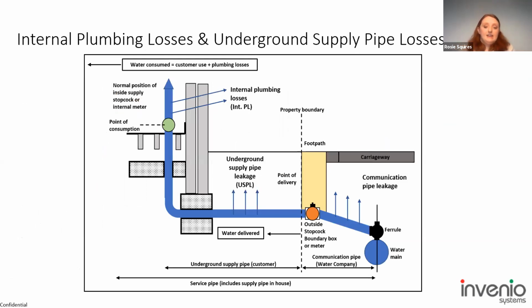So customer side leakage is usually split into two different types: underground supply pipe leakage, and internal plumbing losses or wastage leaks. With underground supply pipe leakage, you can usually hear it from the stop tap, whether you have metal pipes or plastic pipes.